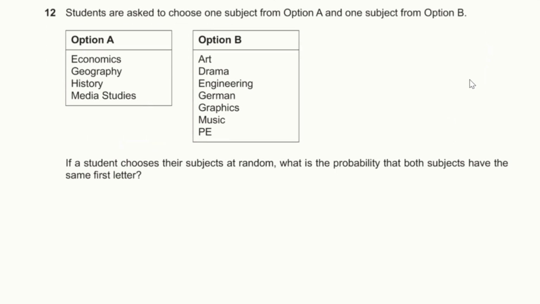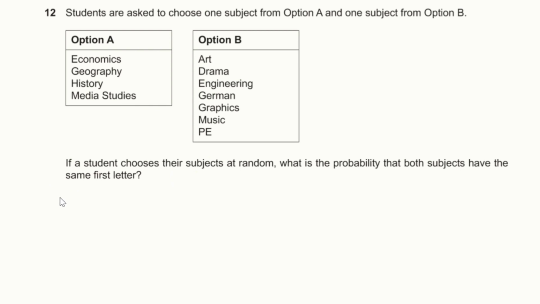Well, how many combinations are there? I've got E which can be matched with either of these, so there's 1, 2, 3, 4, 5, 6, 7. Then I've got geography with either of these, so that's 14. And then history with either of these, so that takes us up to 21, and media studies with either of these.